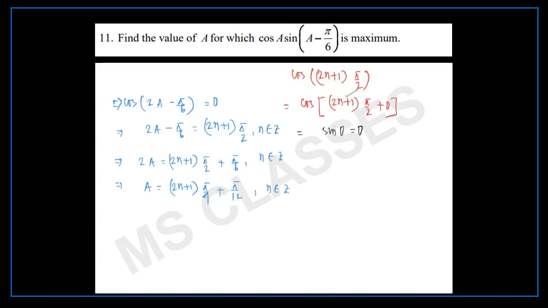Now, by taking one value, suppose n = 0, you can see that one of the values is pi/4 + pi/12. That means 12 is the LCM. Here 3pi + pi, that is 4pi/12, that is pi/3.